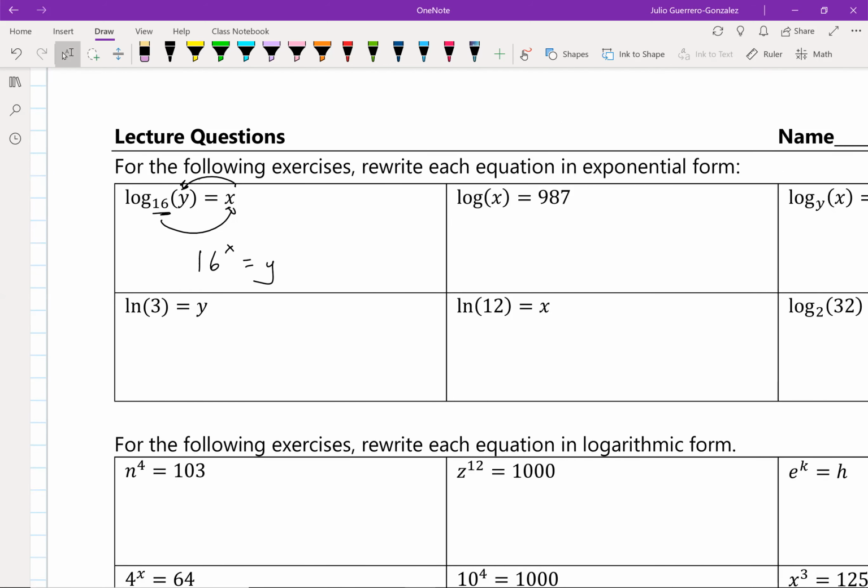So I give you the logarithm form for it, and I just want you to convert it back into the exponential.